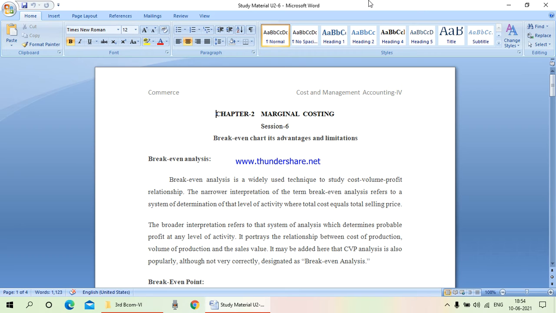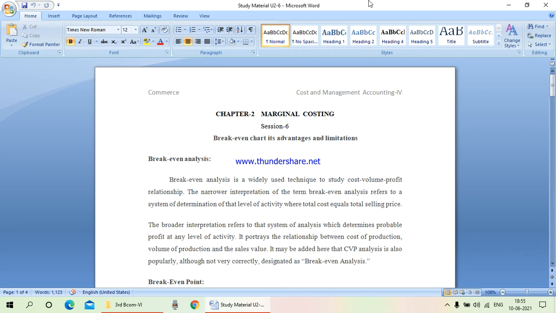The narrower interpretation of the term break-even analysis refers to a system of determination of that level of activity where total cost equals total selling price. The broader interpretation refers to that system of analysis which determines probable profit at any level of activity.